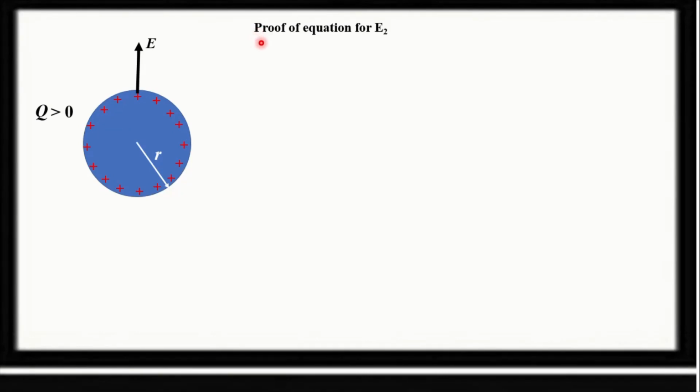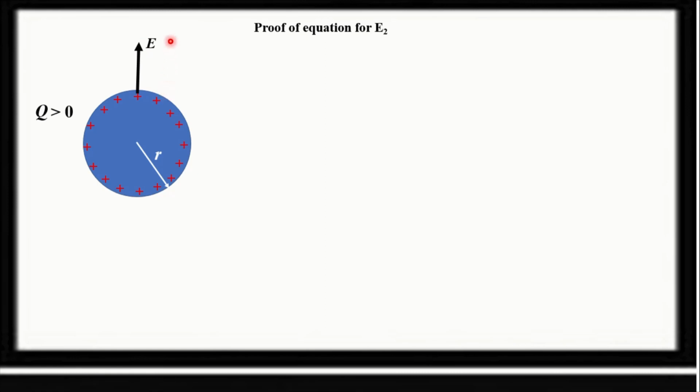Now we return to the proof of the equation for electric field E2, which was introduced previously. We start with consideration of the metal ball charged with positive charge Q. The charges on the conductor are distributed on the surface, and the electric field points normal to the surface.